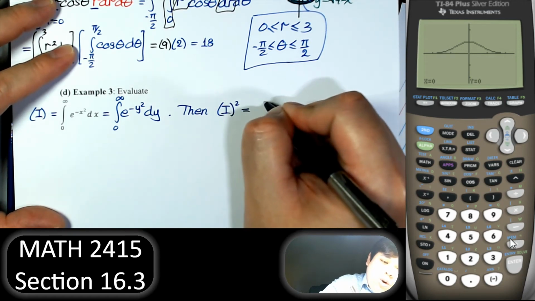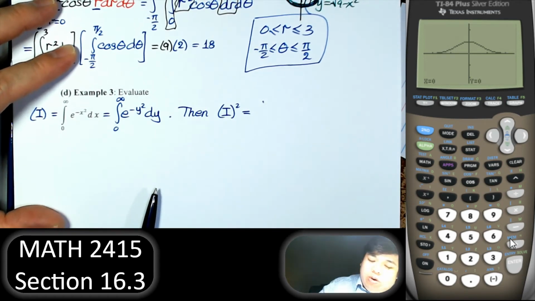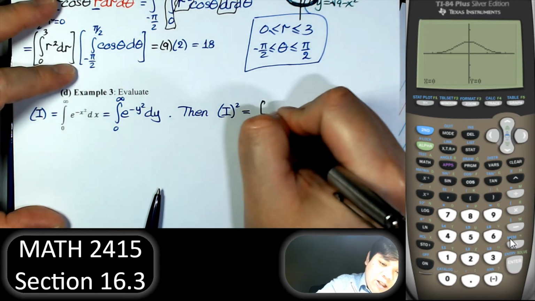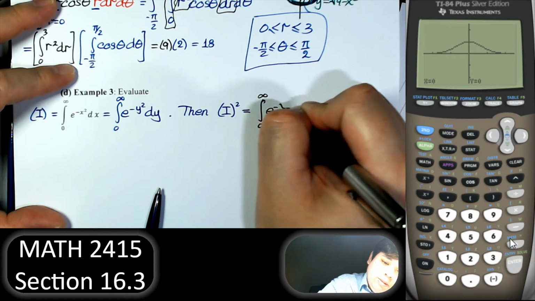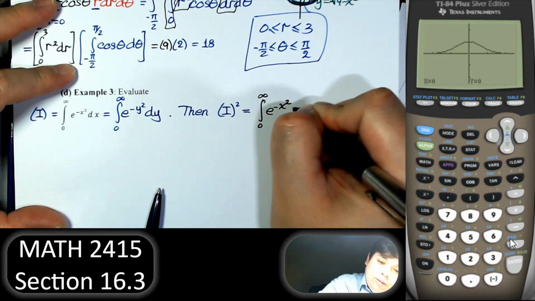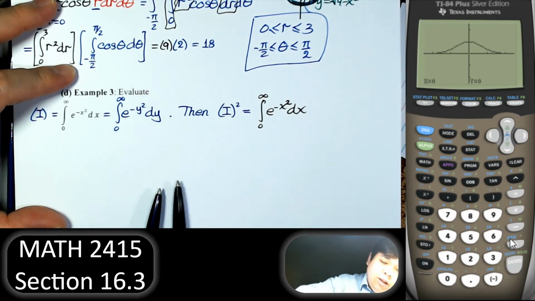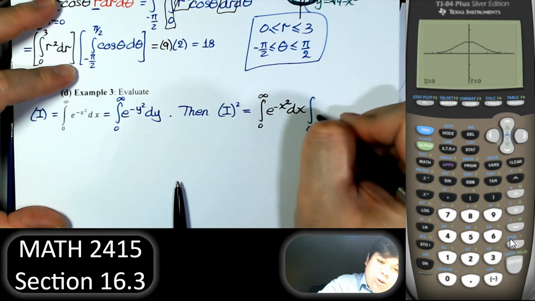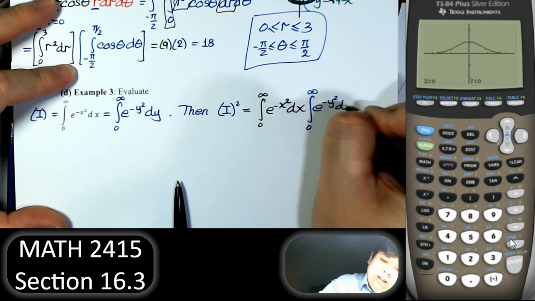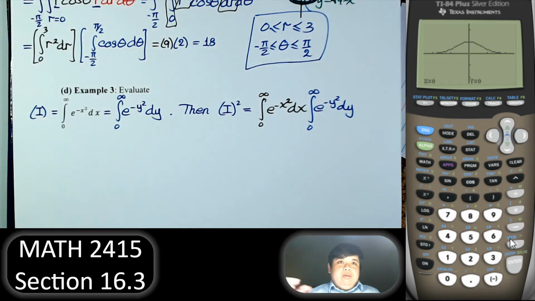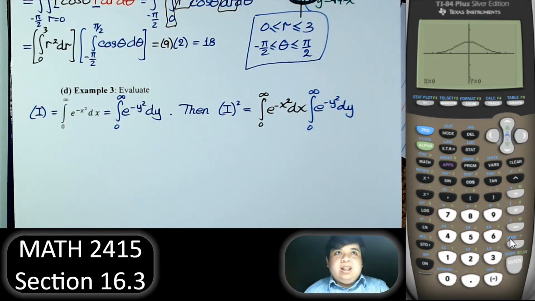So that integral squared: first we have the integral from 0 to infinity, and then we have the integral from 0 to infinity. Now, by the Fubini theorem, in this case we can group them together.